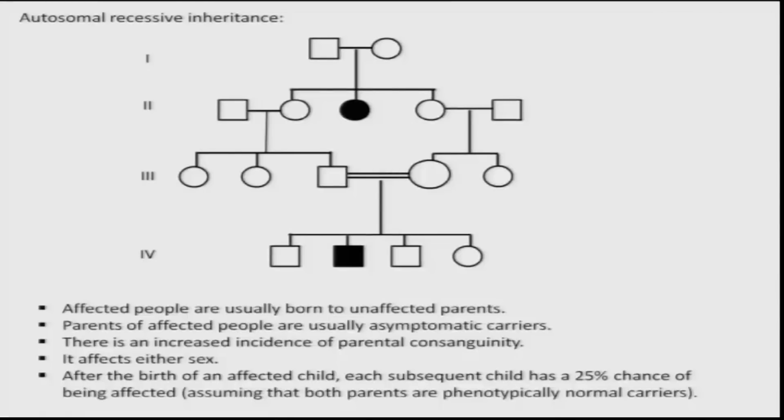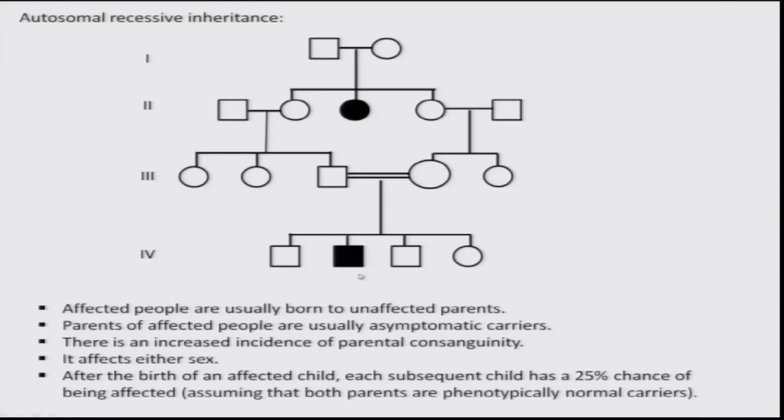So, usually if you look into a pedigree that is autosomal recessive character being inherited, you will find that affected people are usually born to unaffected parents, and more often you would find consanguinity in parents, like for example, here you are showing two lines because they are related, because they share the same ancestry, you can see here. So, that is what is shown here, and parents of the affected people are usually asymptomatic.